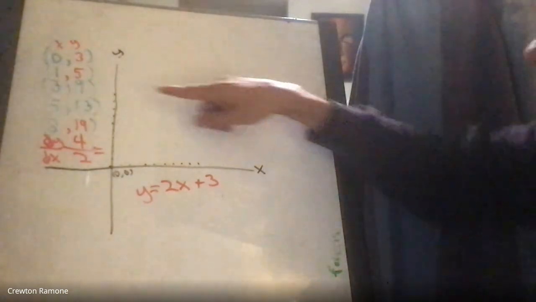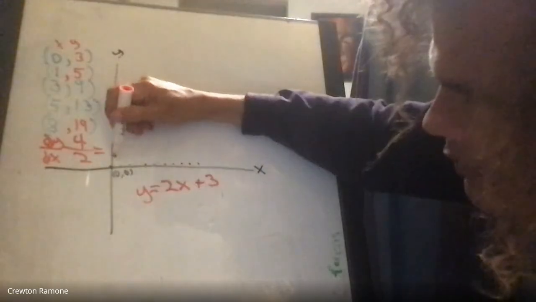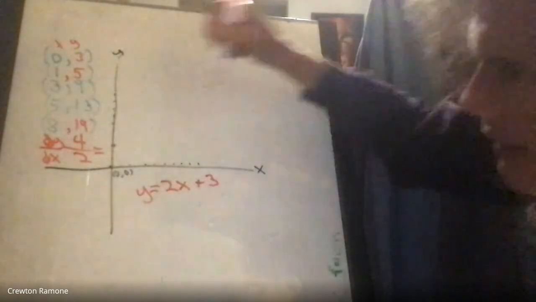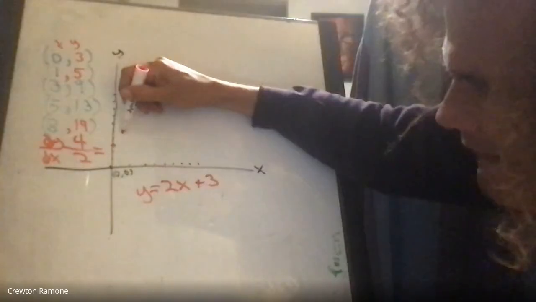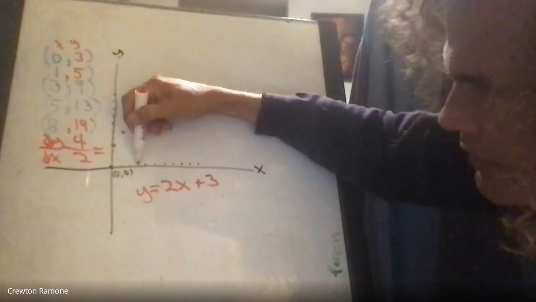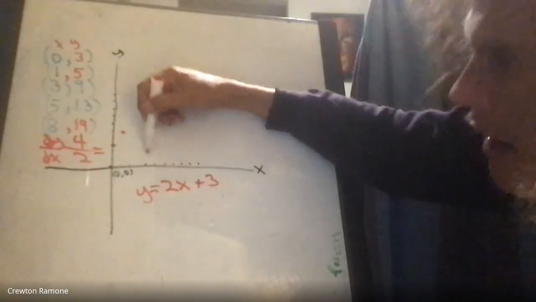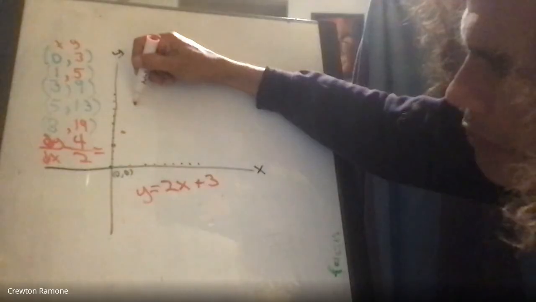So let's see here. When x is 0, y is 3. When x is 1, y is 5. When x is 3, it should be 9, way up here.